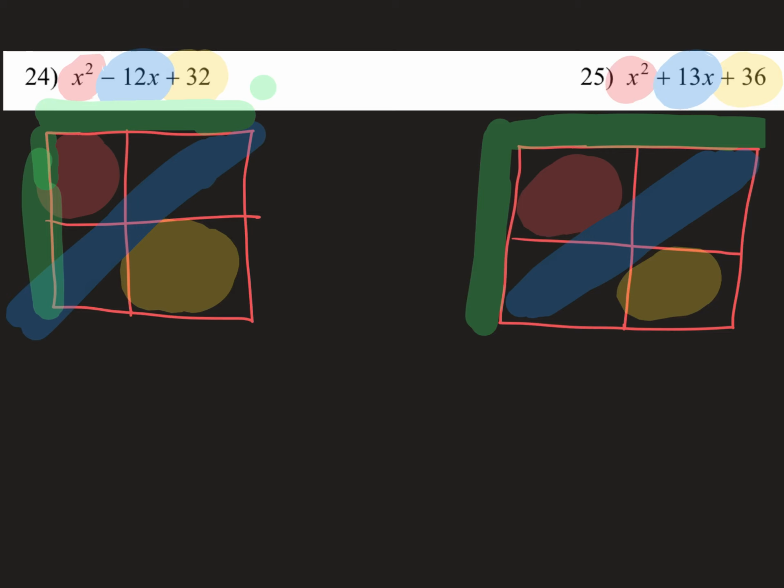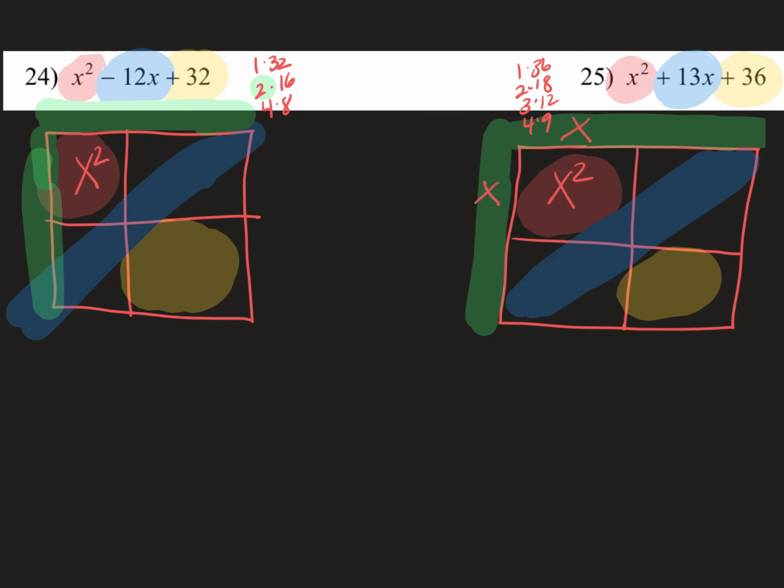Let's think about factors of 32: 1 times 32, 2 times 16, 4 times 8. And factors of 36: 1 times 36, 2 times 18, 3 times 12, 4 times 9. Okay, so in this first spot is going to go x squared for both of these. And what can I multiply to get x squared?